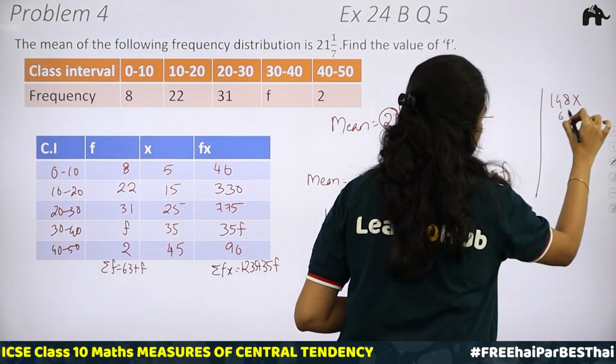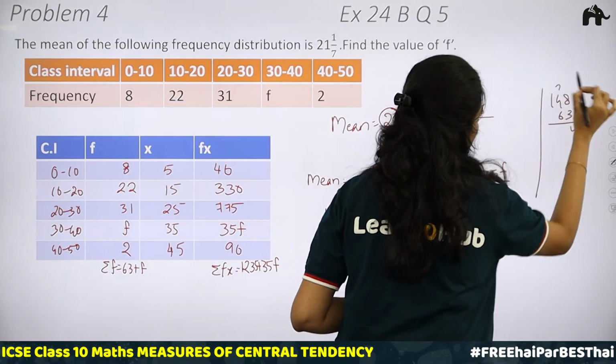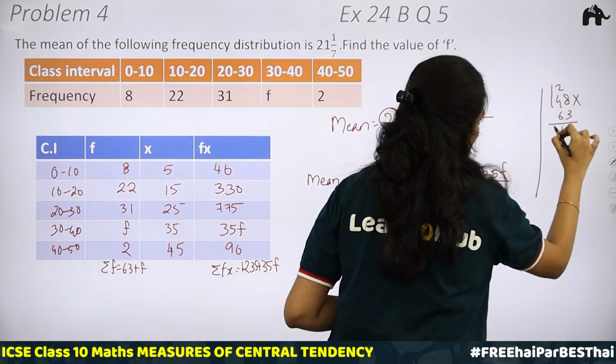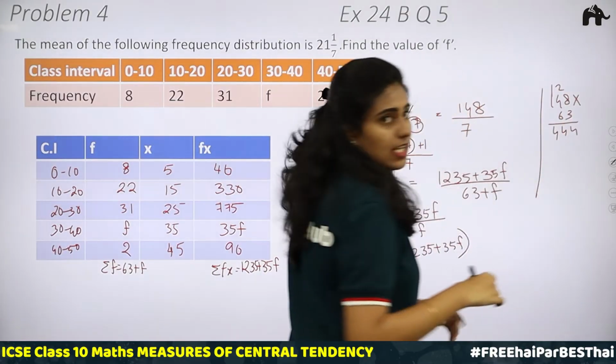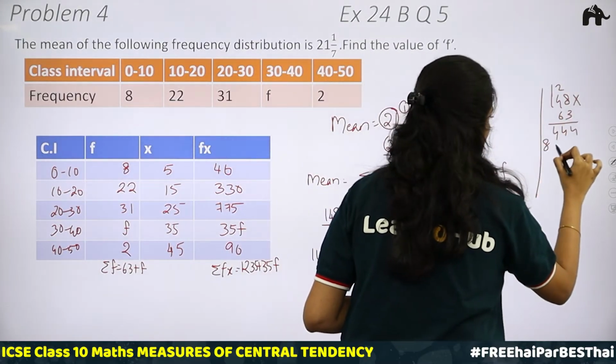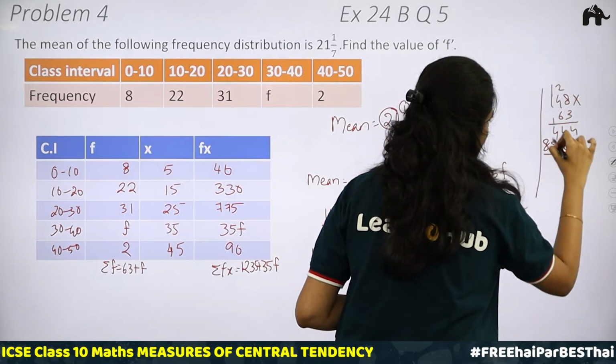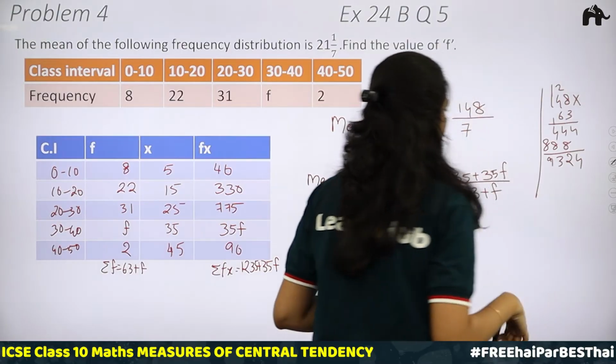148 into 63. 8 3s are 24, 4 3s are 12, 14, 3 1s are 3, 4. 148 into 6 you will be getting 888, on adding 4, 12, 13, 9.